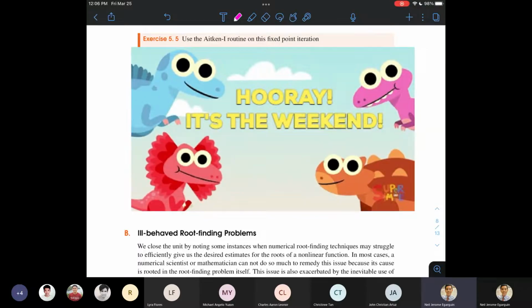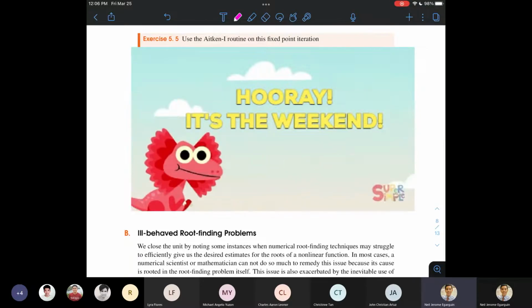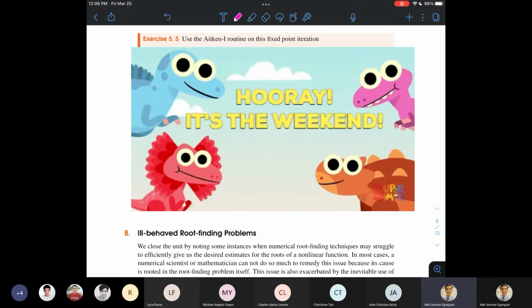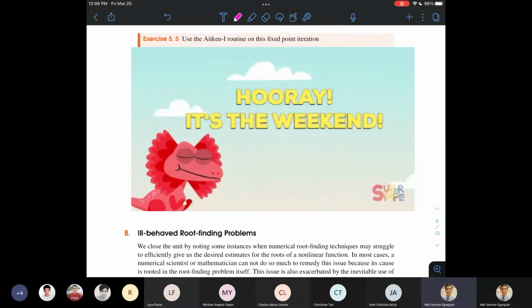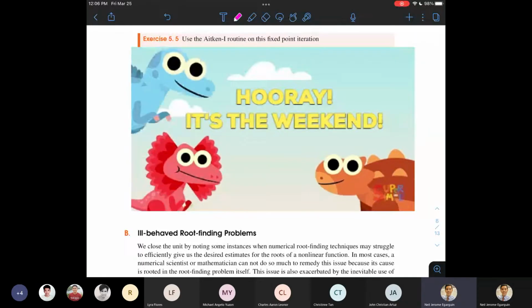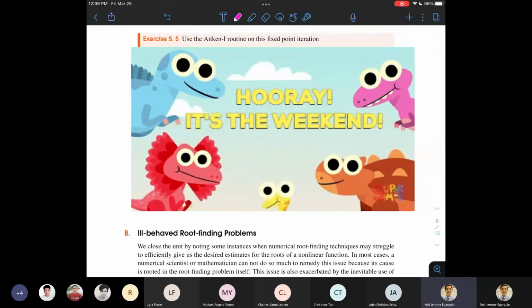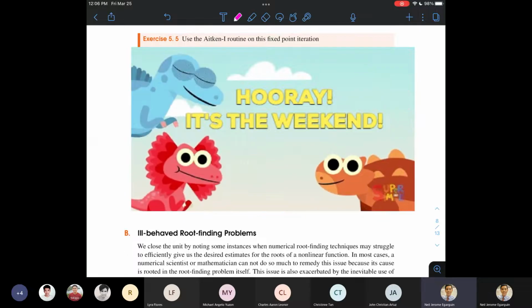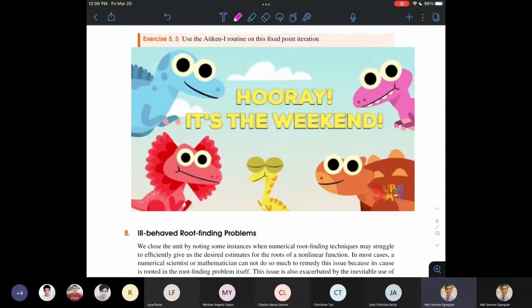Pwede ko ipa-compute sa inyo at least how many iterations is needed for the bisection method to produce an estimate that is, say, within 10 to the minus 10 of the actual root, right? So, of course, hindi nyo yan gagawin, hindi nyo yan ira-run sa MATLAB gamit yung program na sinulat nyo dati, pero kailangan yung gumawa ng hand calculation.